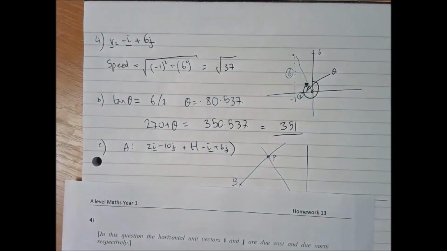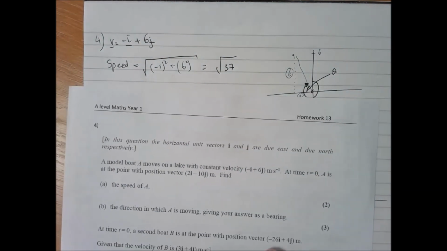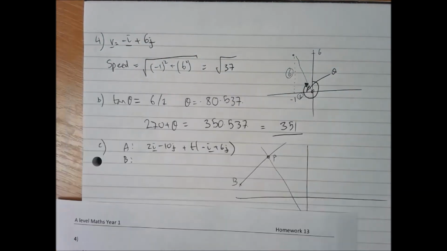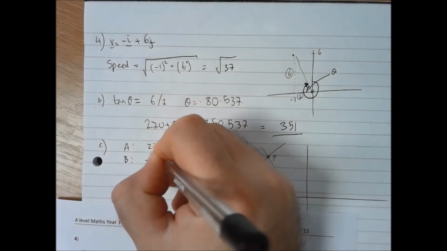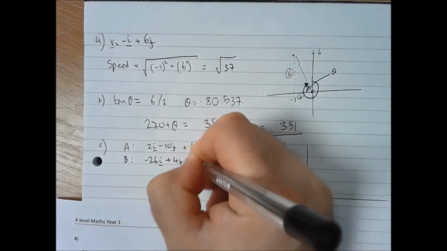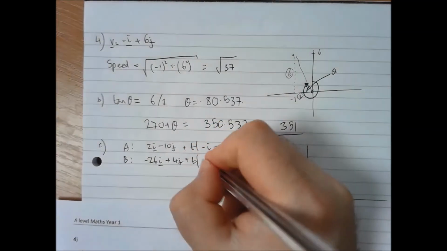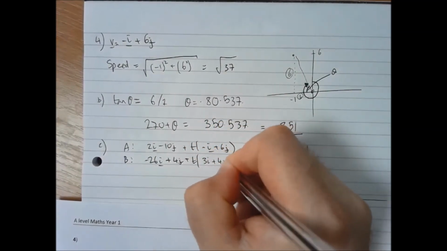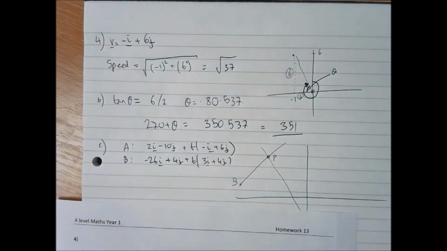We're now going to do exactly the same for B. This starts off with a position vector here, minus 26i plus 4j, and every t seconds it moves 3i plus 4j. So that gives us two different things.